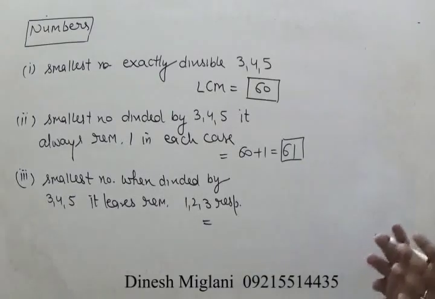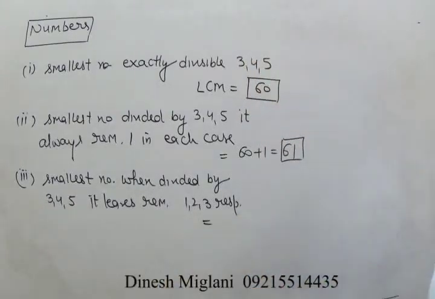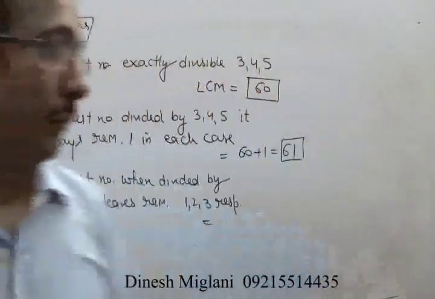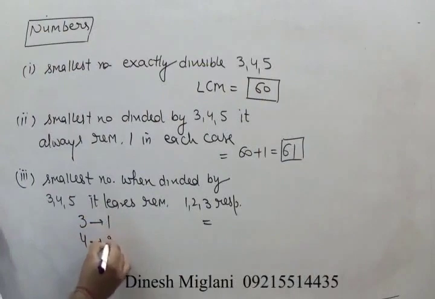Okay. Now it's a very special question. In this, these are my respective divisors and these are my respective remainders. It simply states that when you divide the number by 3, the remainder left must be 1. When you divide your number by 4, it must be 2. Divided by 5, it must be 3.